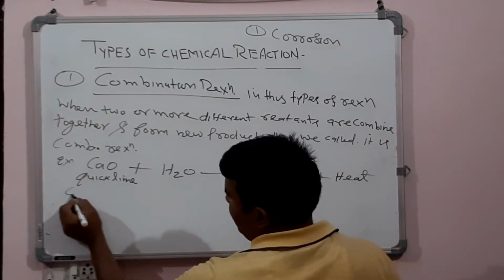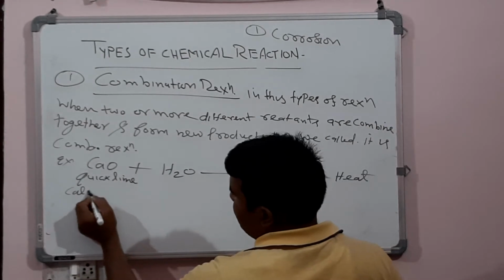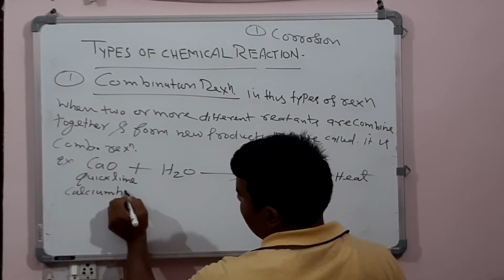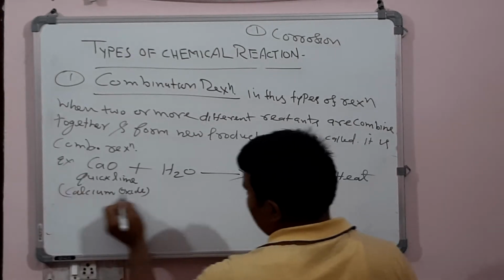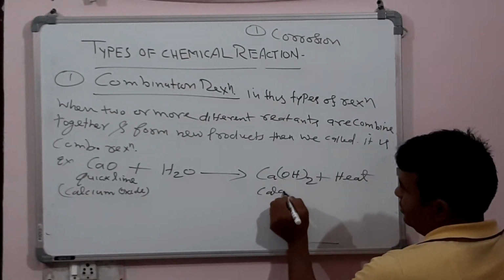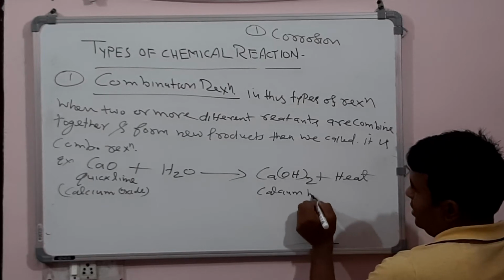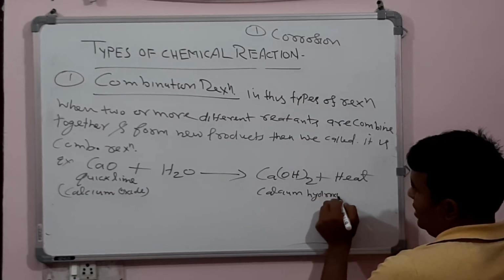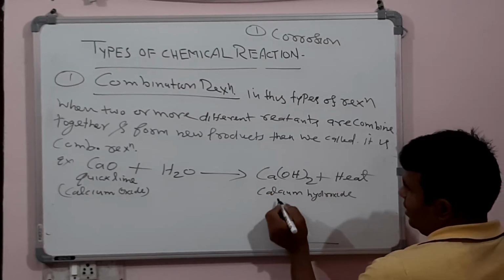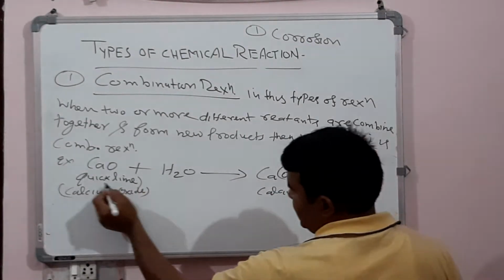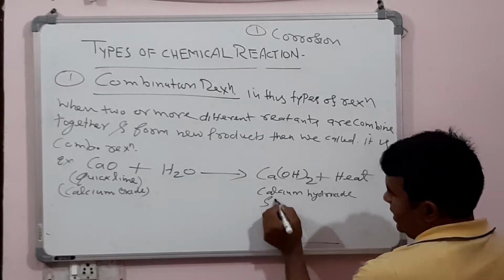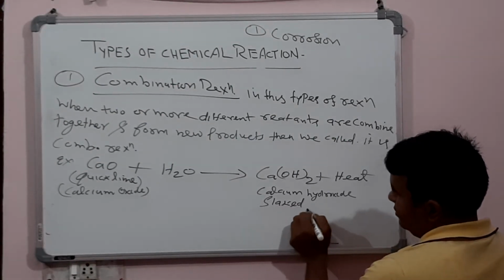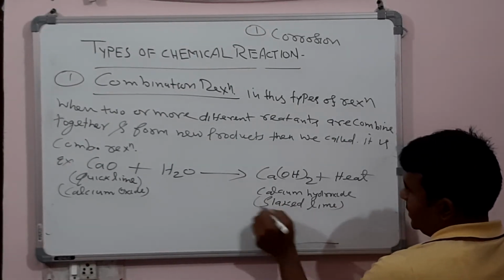It is calcium oxide and it is calcium hydroxide. We can say it is quicklime and we can say it is slaked lime. Okay.